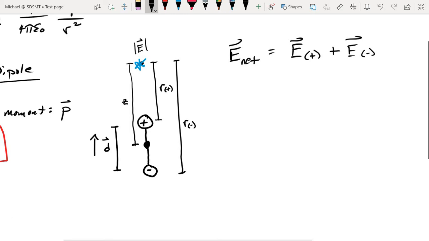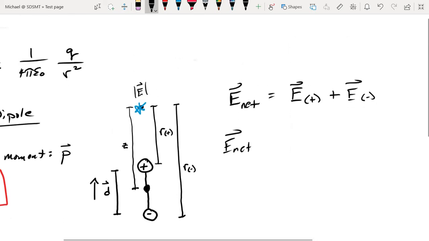Now, don't let those plus and minus signs mislead you. We're not just going to combine them and set them equal to 0, because they are not the same distance from the point that we want to measure at.